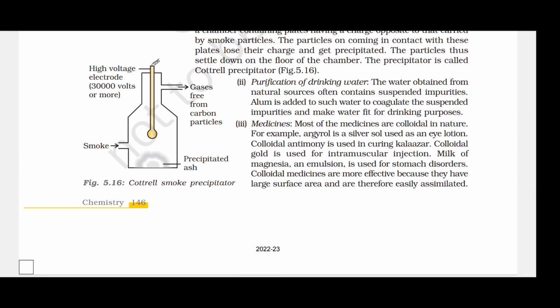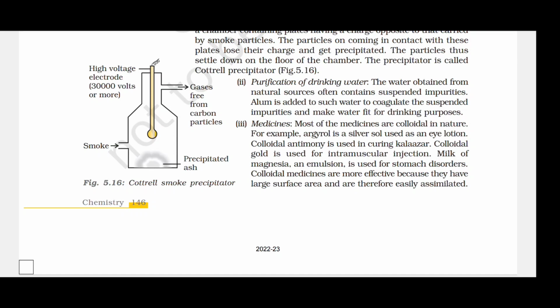Second, purification of drinking water. The water obtained from natural resources often contains suspended impurities. Alum is added to such water to coagulate the suspended impurities and make the water fit for drinking purposes. Third, medicines. Most of the medicines are colloidal in nature. For example, argyrol is a silver sol used as an eye lotion.